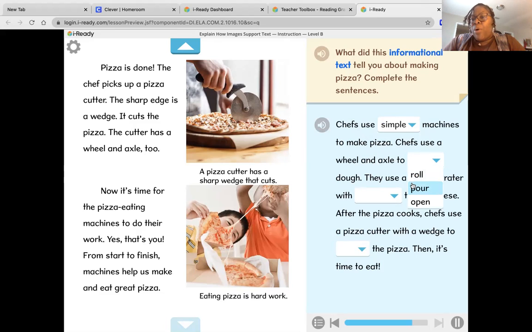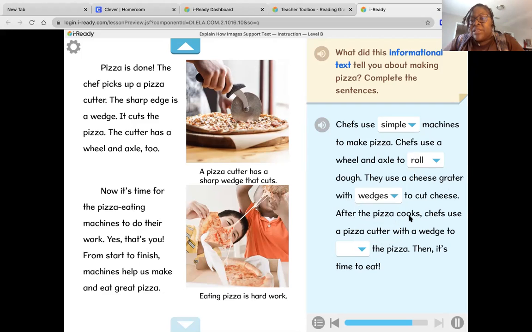Roll dough, pour dough, open dough. We know that the axle and the wheel is used to roll out the dough. They use a cheese grater with pieces, wedges, trays. We know that the wedges help the cheese get grated into small pieces.